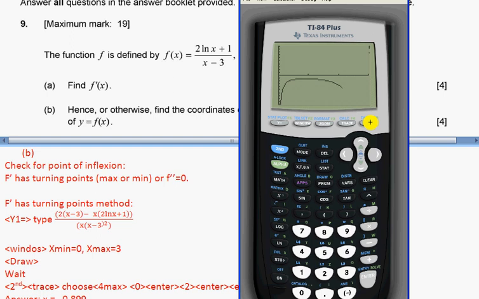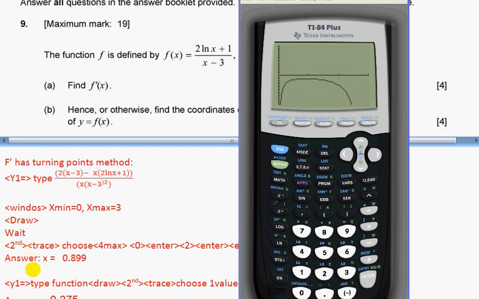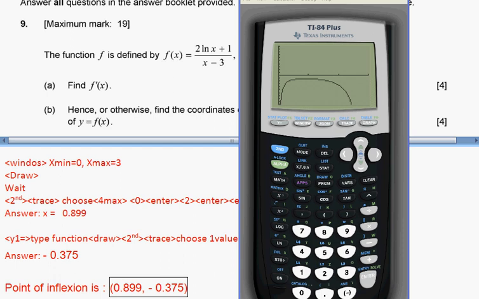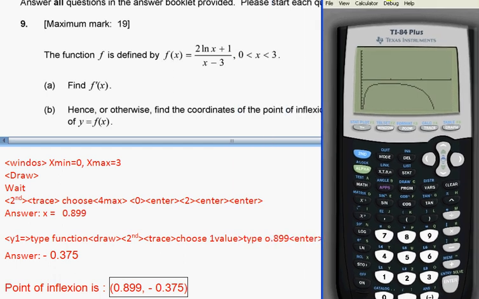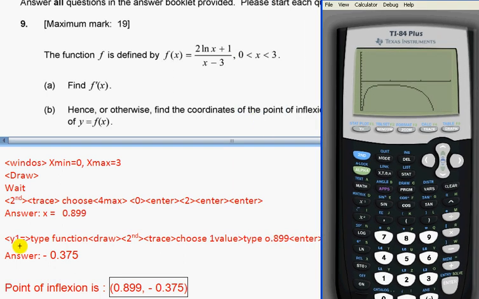Right, finished. Now we should find maximum. So to find maximum we use the following combination. Second trace, so we need maximum, it is line 4, and left bound is, let's say, 0, and right bound is less than 2, so it is 2.